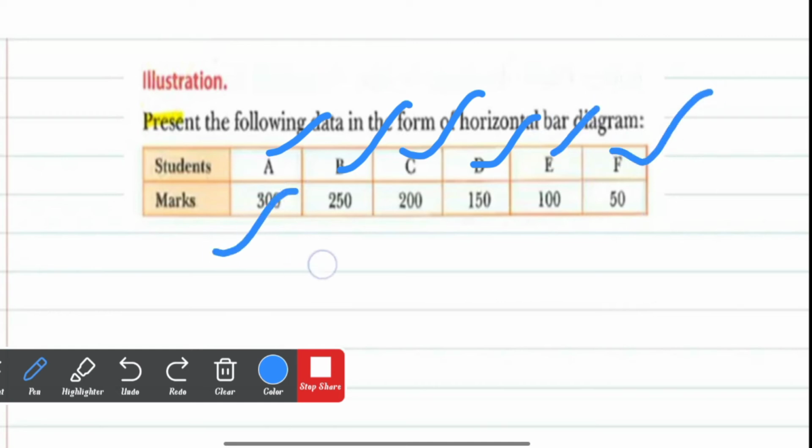Here in this tabular form you can see two rows. One row is of students and the other row is of their marks respectively. So here are student A, student B, student C, student D, student E and student F, and the marks are like this: 300, 250, 200, 150, 150 respectively.